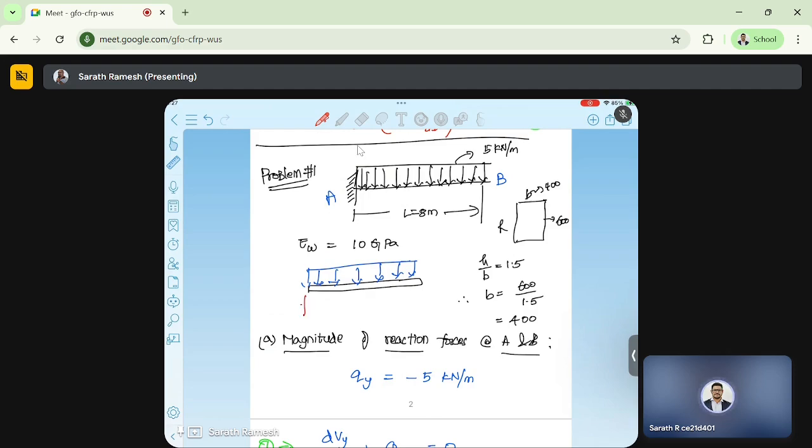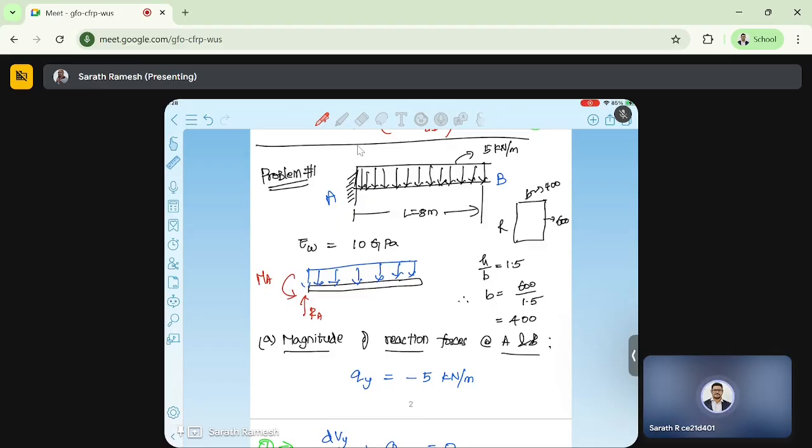So here there is RA, and there is some MA. This RA is nothing but, as per vertical force equilibrium, directly you could have written it for this simple problem instead of going for differentiation and integration.